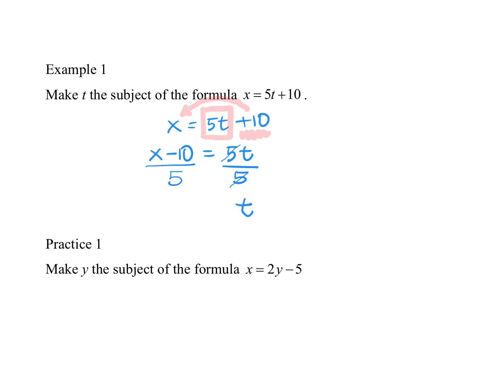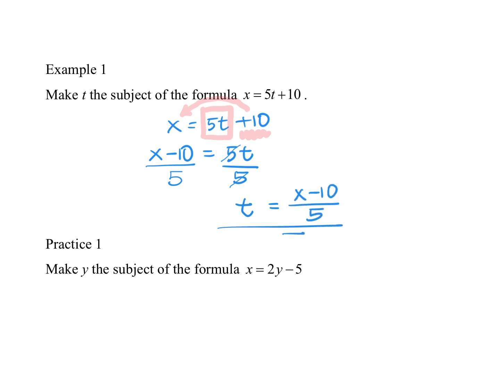Remember to write t in front. When they arrest the criminal, the criminal goes in front, then the policeman walks behind to escort the criminal. So t goes in front, and the remaining portions of your answer will all appear at the back. So this one will be x minus 10 over 5.